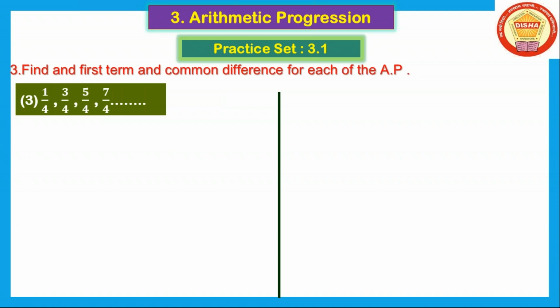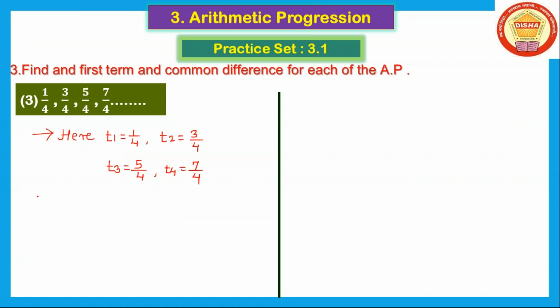Then see, the AP is presented in the form of fractions. We have to write the first term and common difference for the given sequence. So we write here T1 is equal to 1 upon 4, T2 is equal to 3 upon 4, T3 is equal to 5 upon 4, and T4 is equal to 7 upon 4.